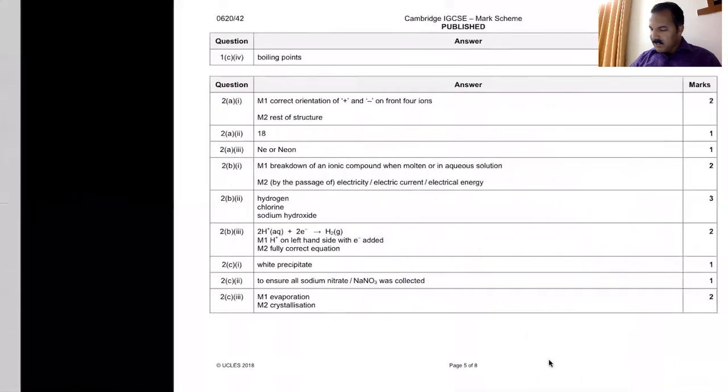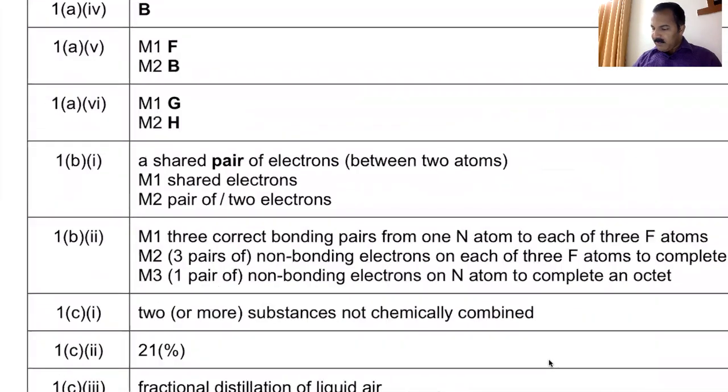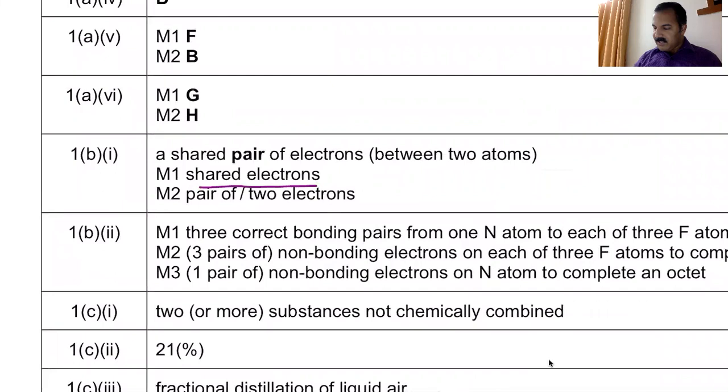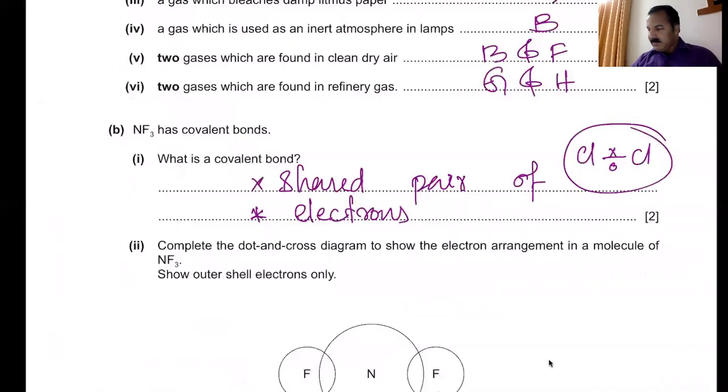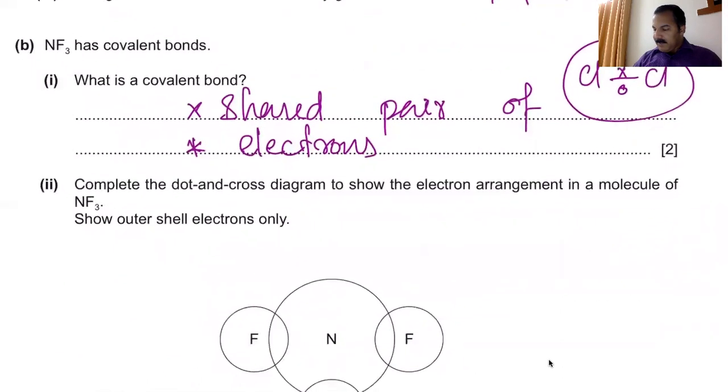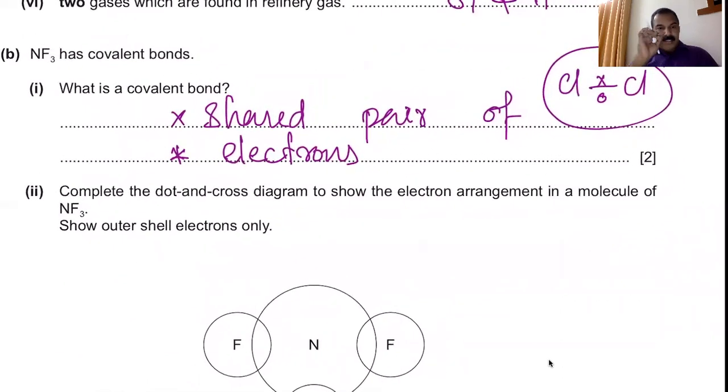This is the mark scheme. The mark scheme says mark 1 for shared electrons, and next is pair of electrons. So if you write it's a bond formed because of the shared pair of electrons between atoms of 2 non-metals, you get the mark. All right, so that is a covalent bond.